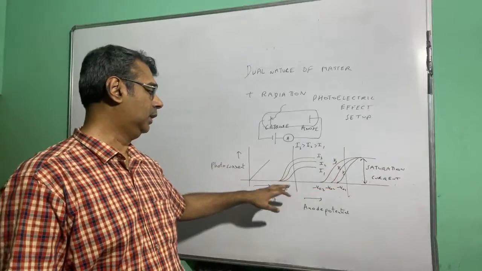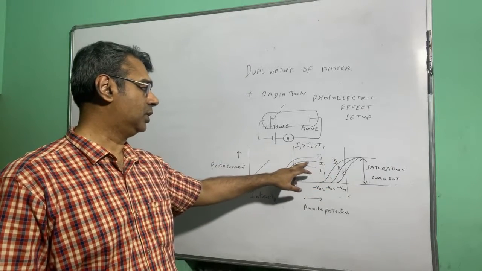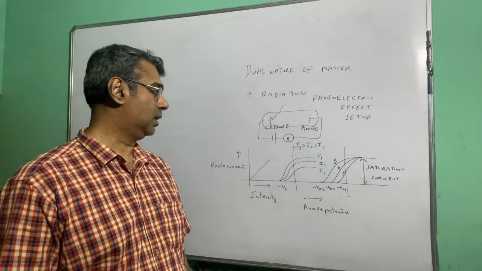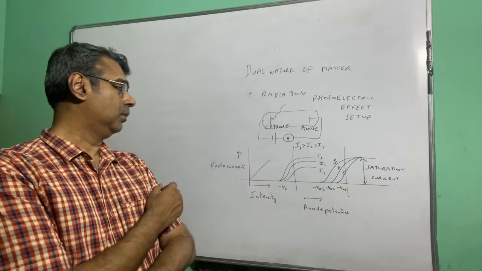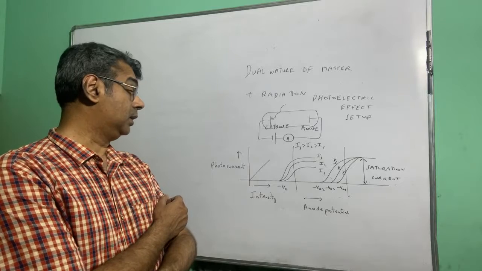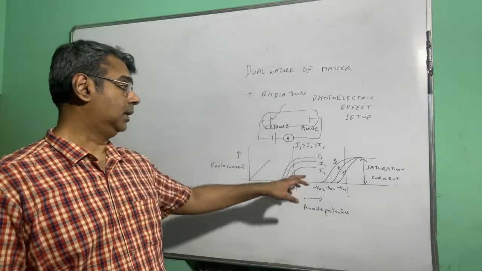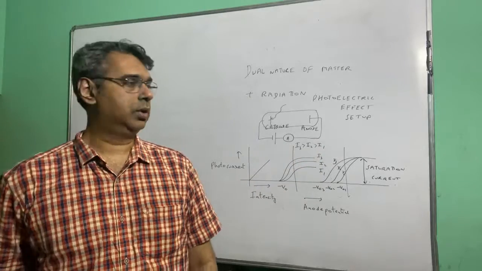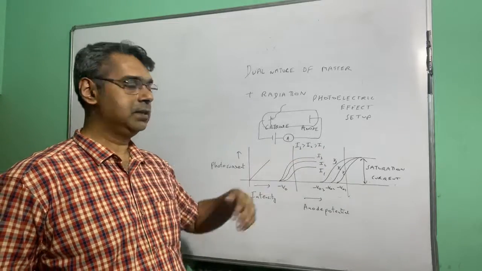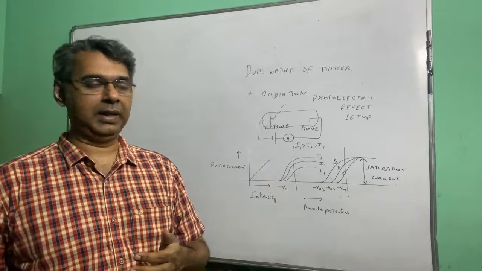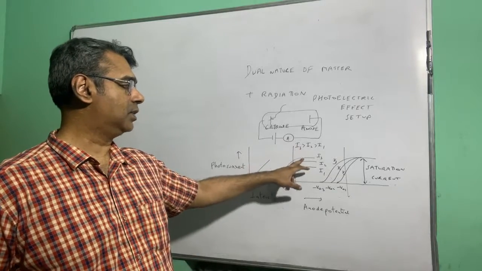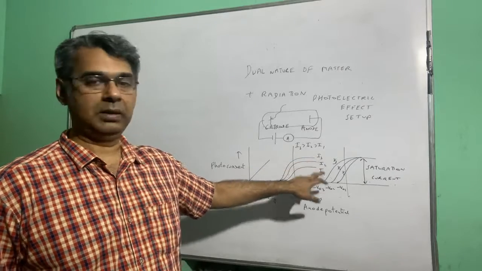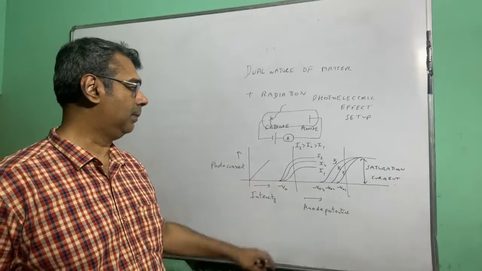You will observe that there are three saturation currents, I3, I2 and I1, depending on the intensity. If you increase the intensity, the current will increase. I3 is the highest intensity, so the current is maximum.